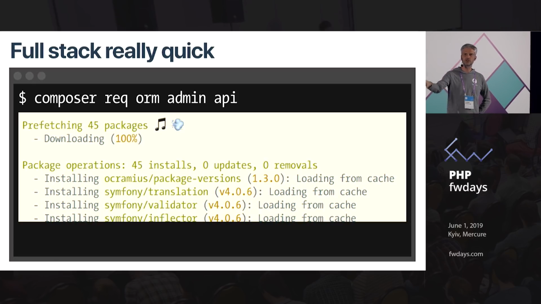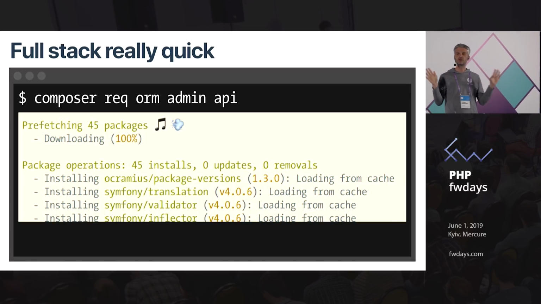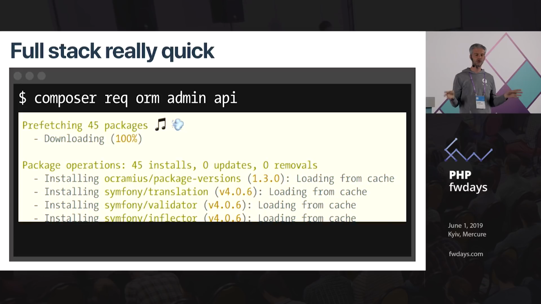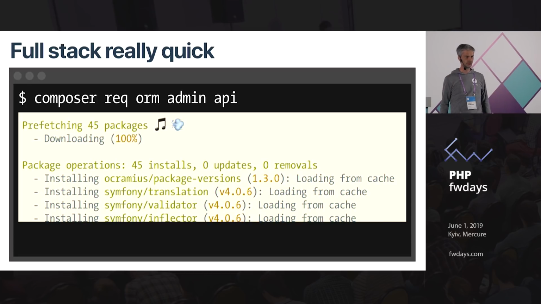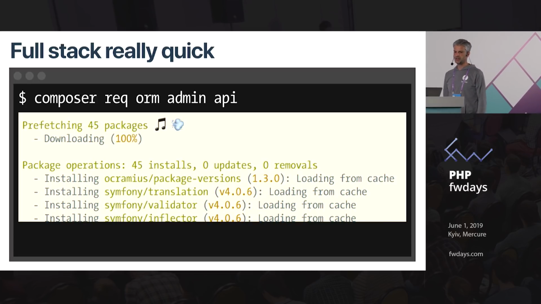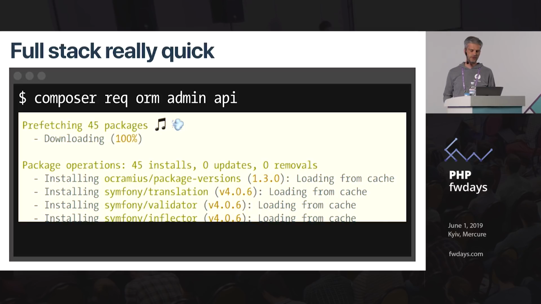So if you are using Symfony Flex, you will see that requiring new packages is way faster than using Composer directly, and only if you have curl. If you have curl, we are going to first download all the packages in parallel, and then we are going to install all of them one by one. And it's way faster than using Composer directly.